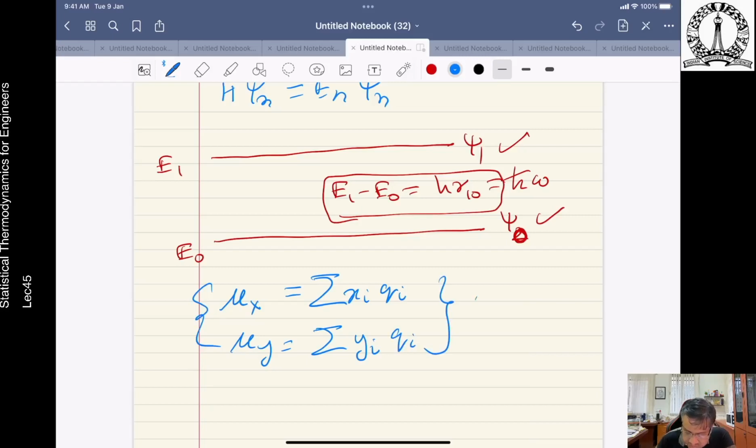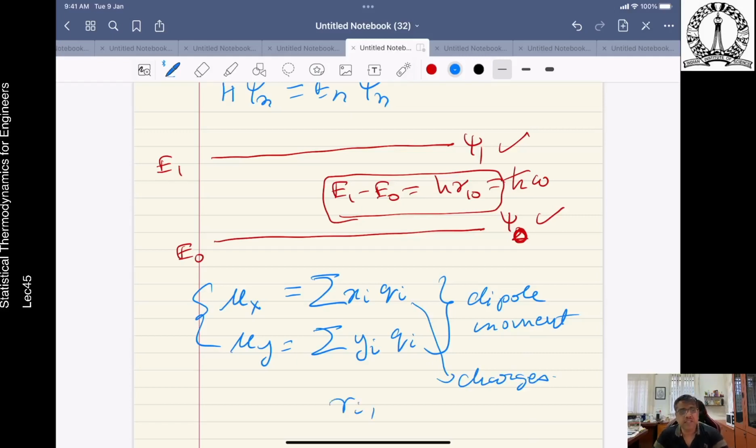So this is the dipole moment. The system can have a net dipole moment because it has got nuclei and electrons at different positions carrying charges Qi. So Qi are the charges, and Ri is basically nothing but the position of the nuclei and the position of the electrons.